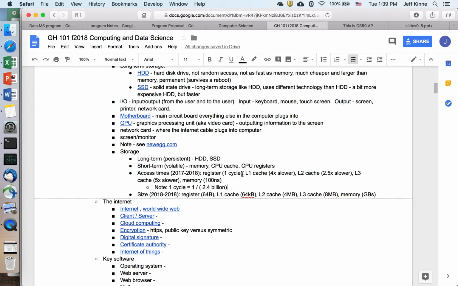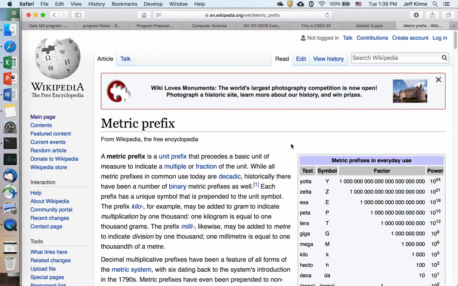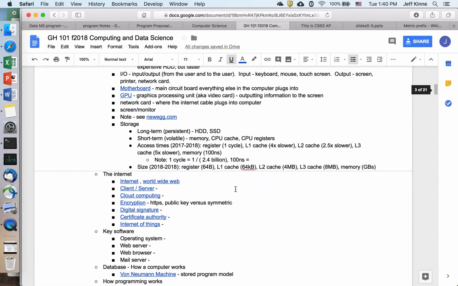First, we need to know the abbreviation for nano in our metric prefixes. Nano is 10 to the minus ninth, 1 over a billion. So 100 nanoseconds is 100 times 10 to the minus ninth, or 10 squared times 10 to the minus ninth, which is 10 to the minus seventh, or 1 over 10 million.